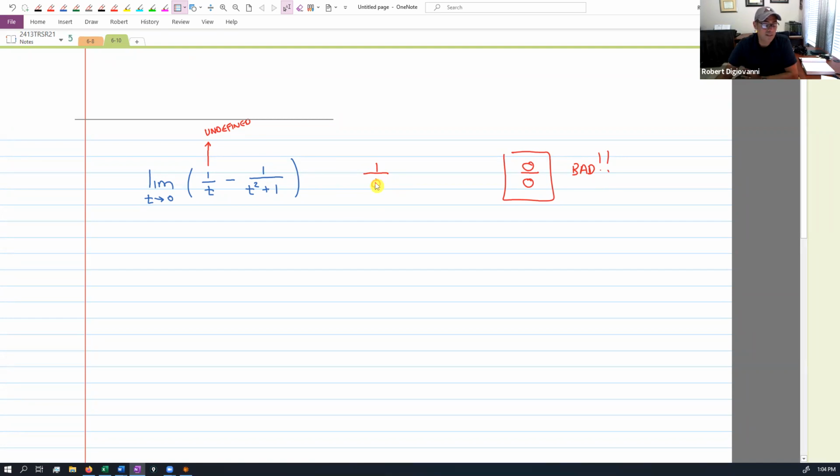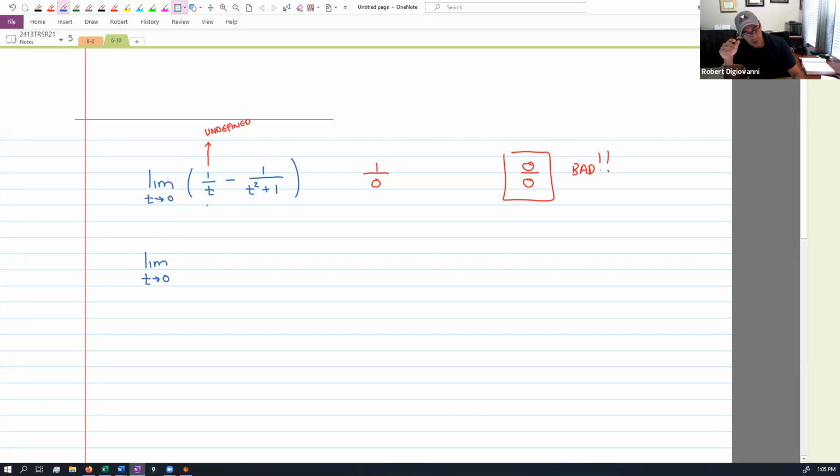However, let's see what happens if we try and do algebra. Let's just try some algebra and see if it gets us anywhere. So the most I could probably do is combine both these fractions together into one fraction. That means get a common denominator. So let me try that and just see what happens. Limit as t goes to 0.